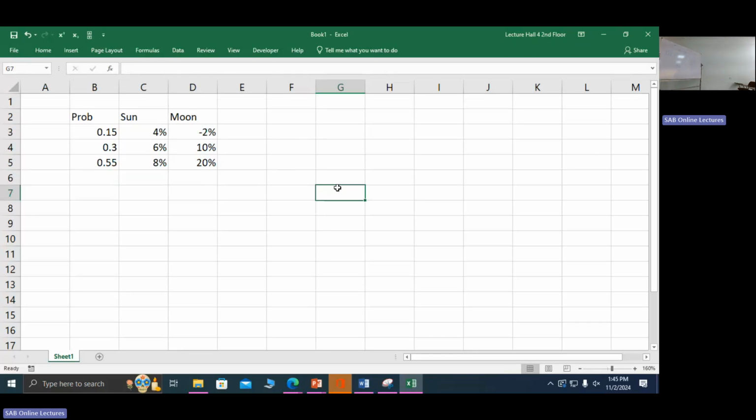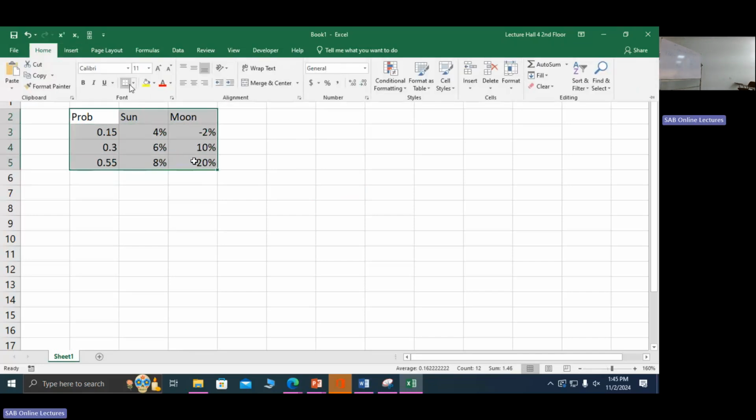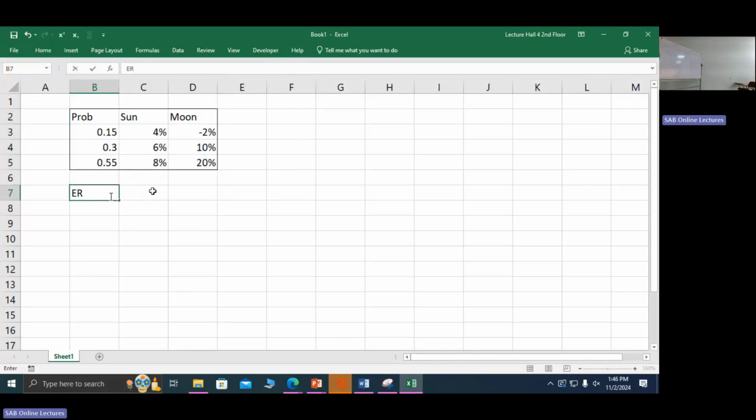It is a 60-40 portfolio. So the expected return is sun. That is the answer.